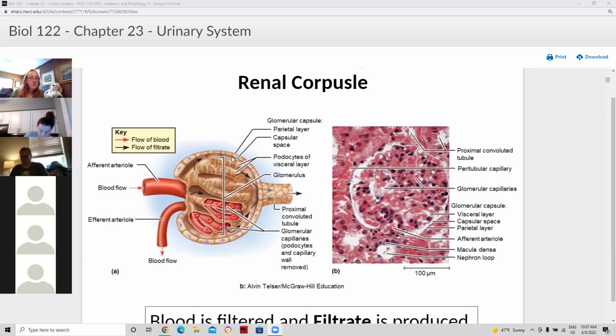Then there's a small space, the capsular space, and the capsule is lined with simple squamous epithelium, which will then drain into the proximal convoluted tubule.